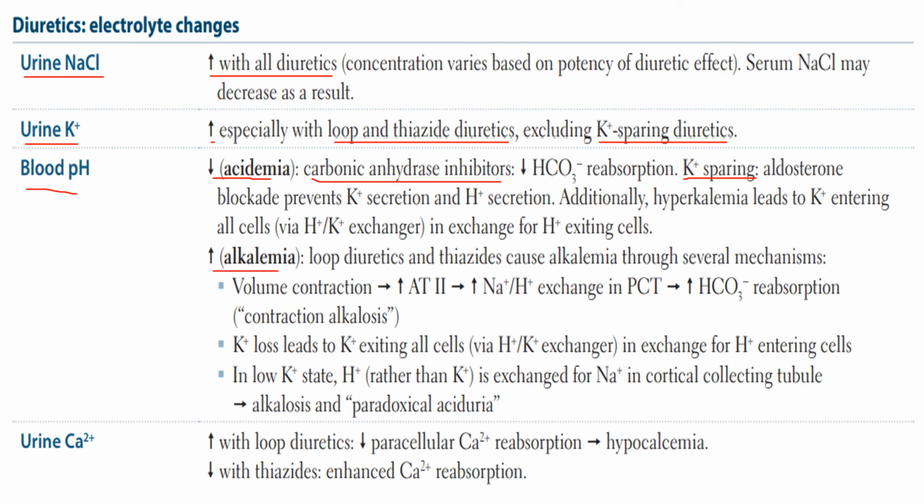It increases with loop diuretics and thiazides through several mechanisms, such as volume contraction. Potassium loss leads to potassium exiting cells. In a low potassium state, hydrogen rather than potassium exchanges with sodium. Urine calcium increases with loop diuretics and decreases with thiazides.